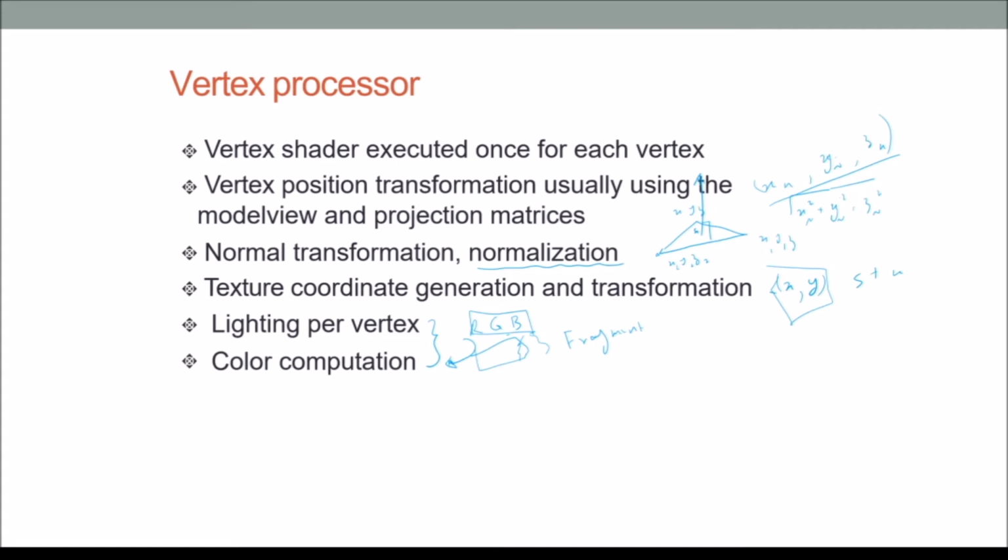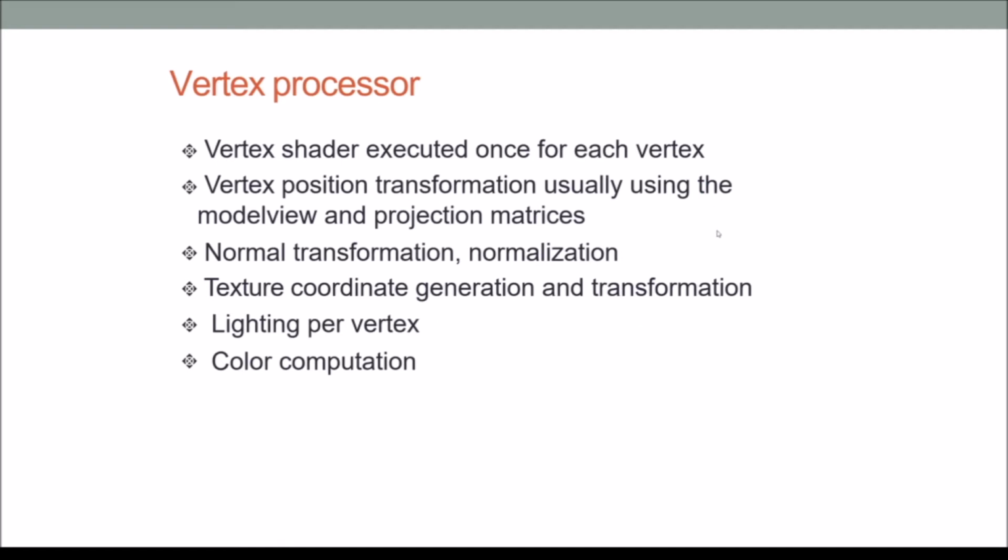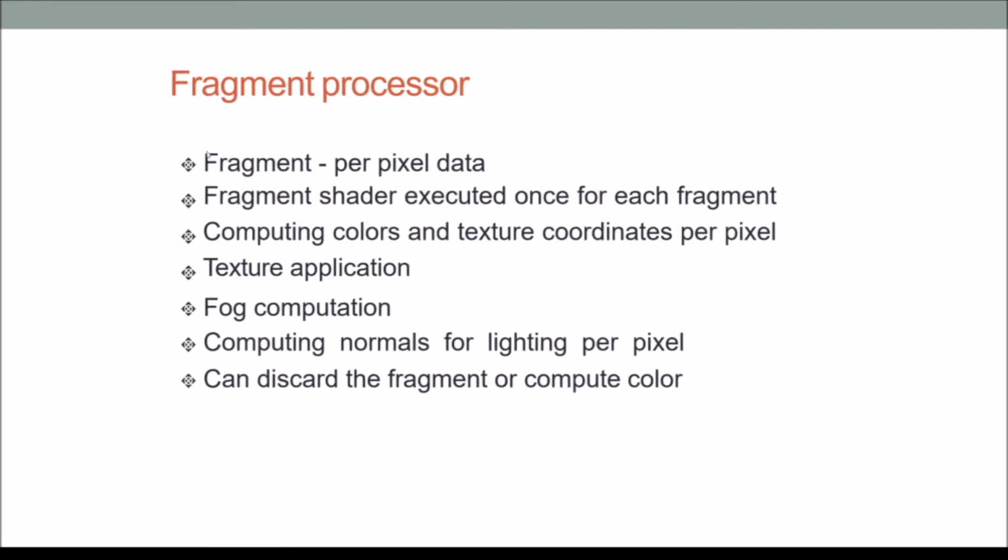Okay, right. Now when you're looking at the fragment processor, the fragment processor is per pixel. That means this guy actually handles everything on the screen. Even if you have one object there, let's say this is my object, I can apply pixels to this one separately from this one, right?